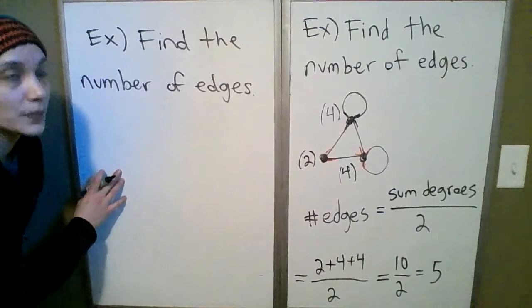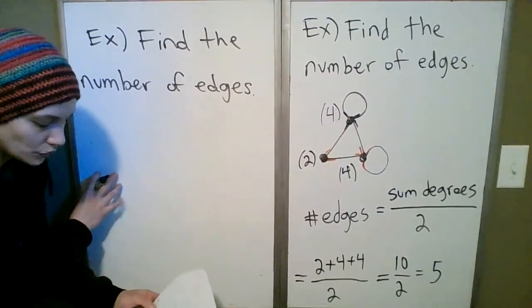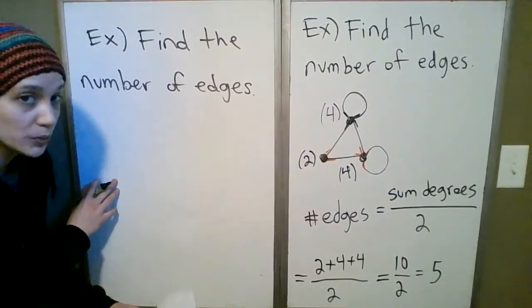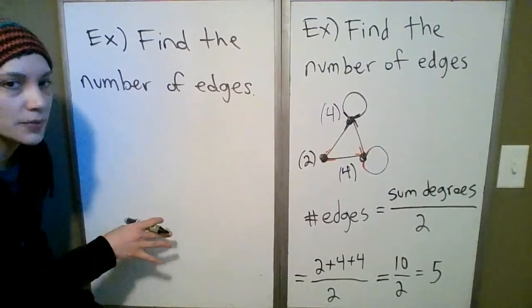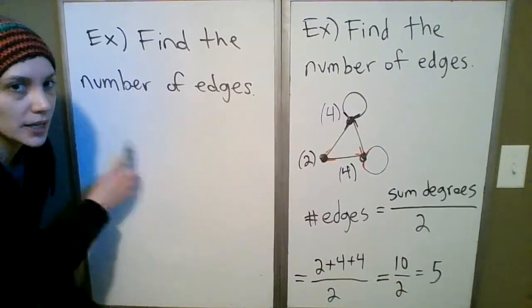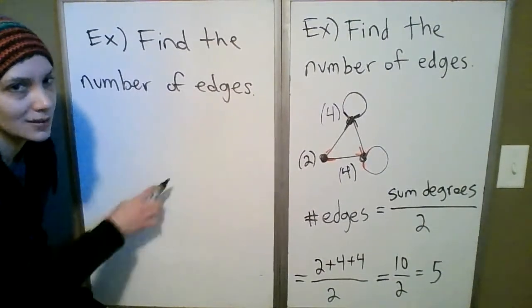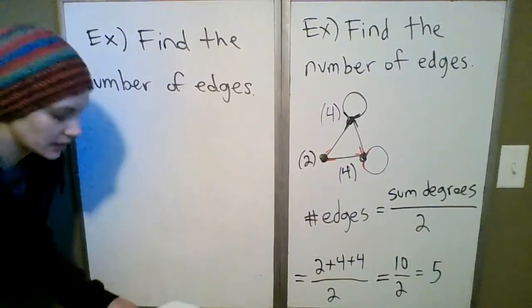Okay, so maybe in the future we'll try this result on a disconnected graph, but for today, all of my graphs are just going to have one component. So it's connected graphs for today's examples.